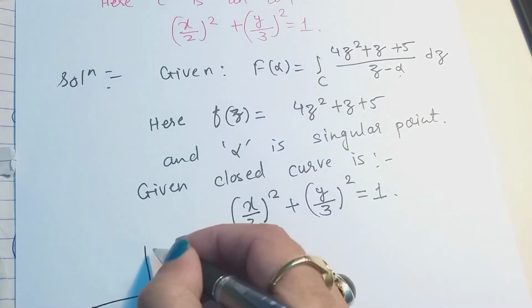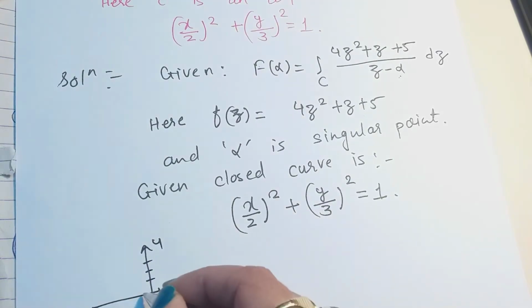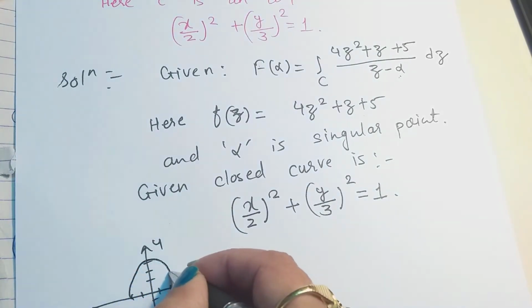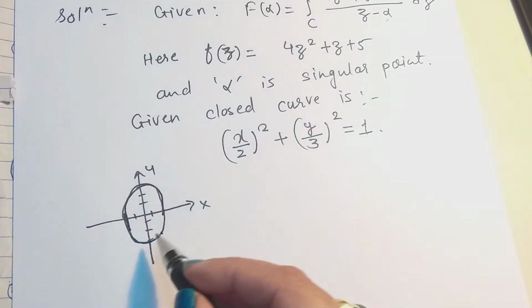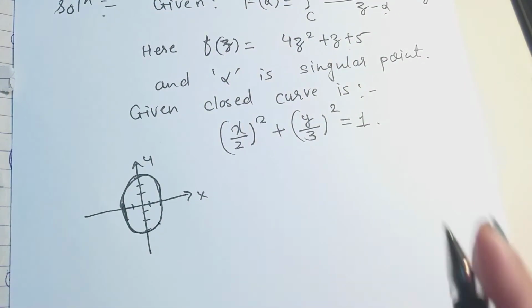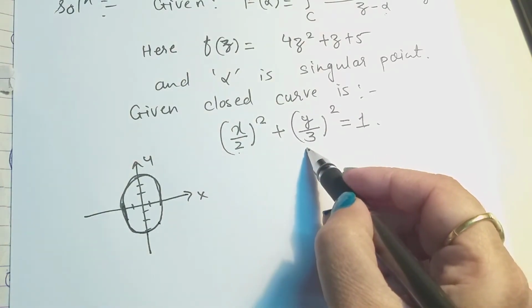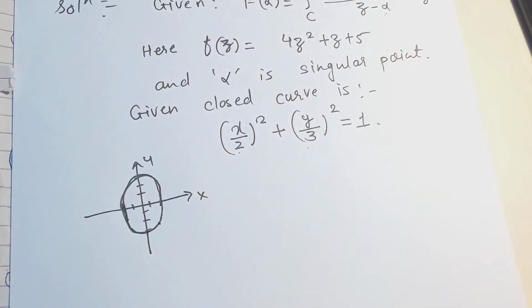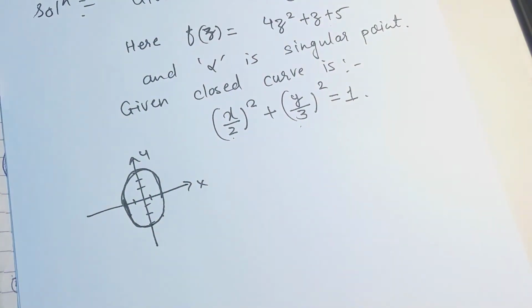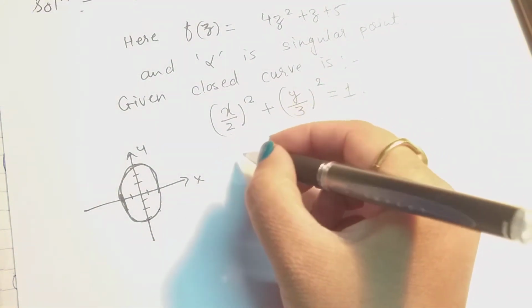So this ellipse will be like this. 1, 2, 3. So this ellipse will be like this, with the semi minor axis 2 and semi major axis 3, and center at the origin. Okay, it is an equation of a vertical ellipse, right?